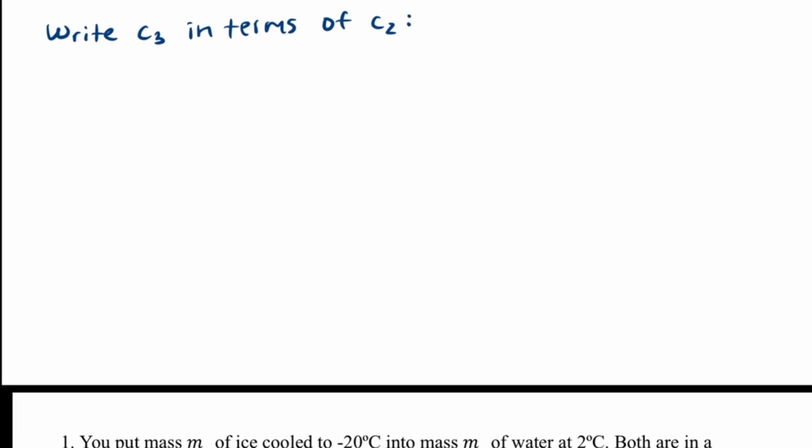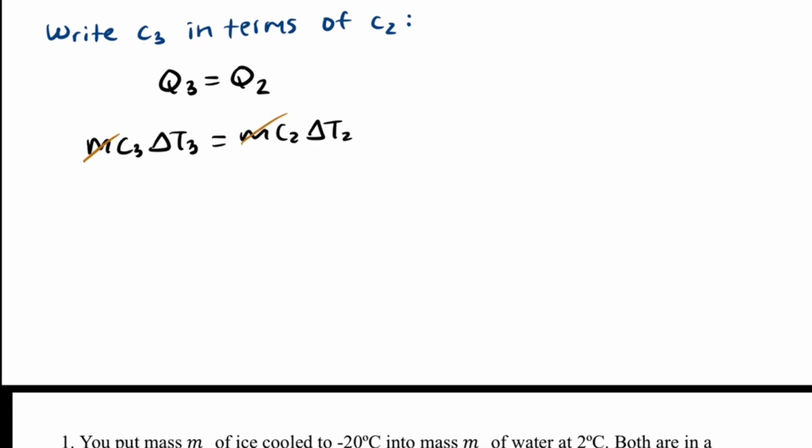Our next step is to write C3 in terms of C2. Same thing as we did before. Because the third liquid has the higher temperature, we know that there'll be a heat exchange flowing from the third liquid to the second liquid.